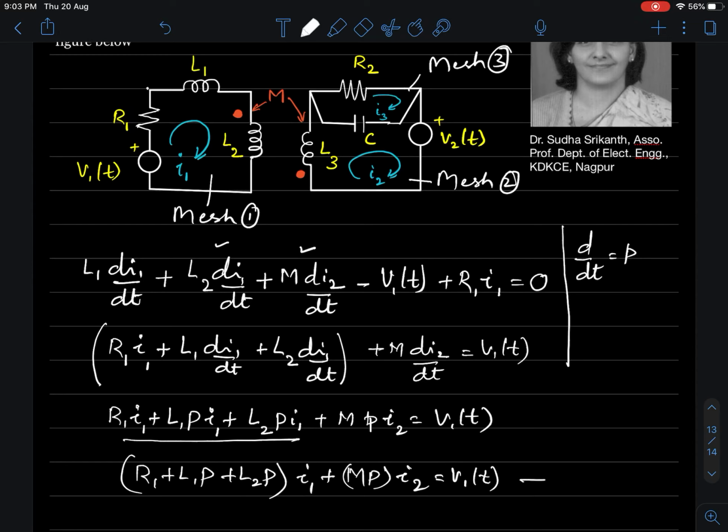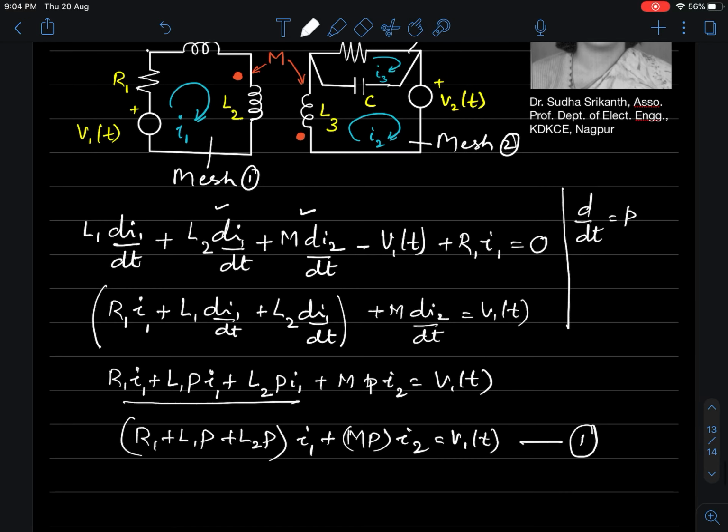This is how we arrive at one equation. Now we need to write another equation. You have three unknowns, I1, I2, I3, so you need three independent equations. Now we need to write it for mesh 2.